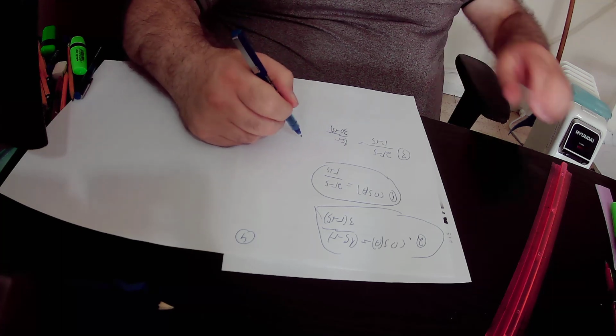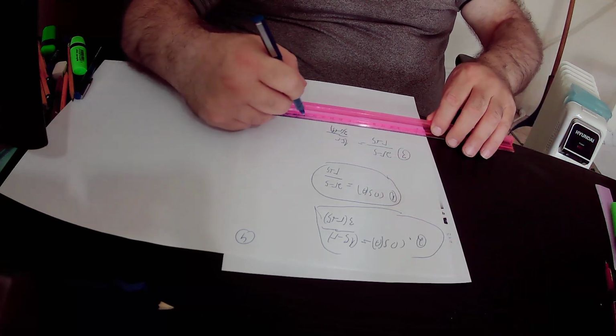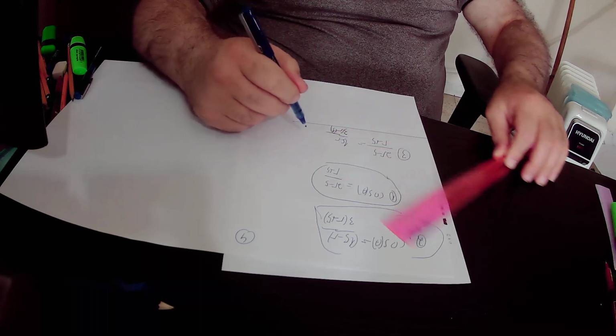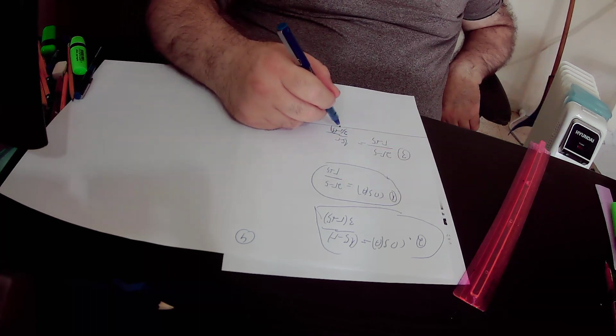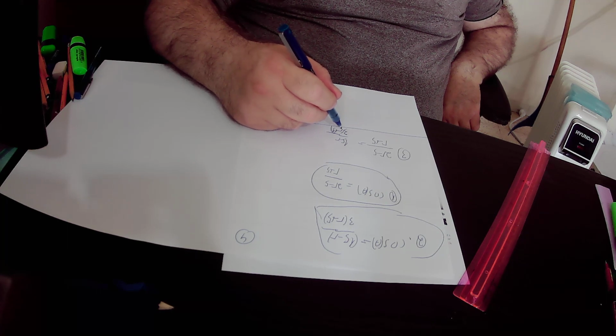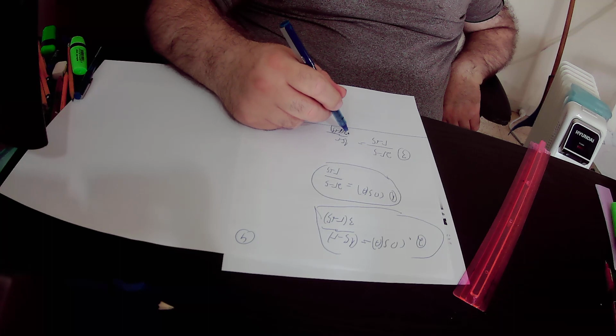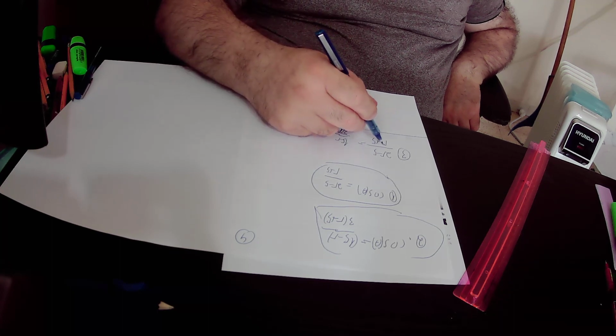Here we will multiply the equation by r plus 5, so actually we have r plus 5 on both sides of the equation, so r plus 5 will get cancelled.